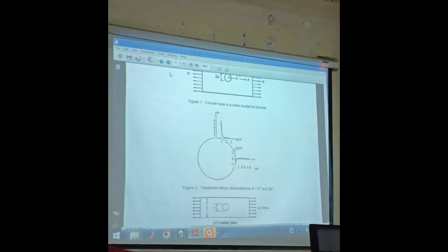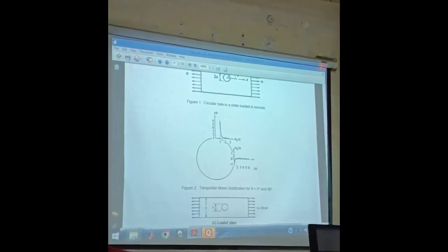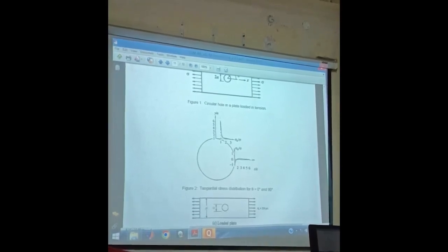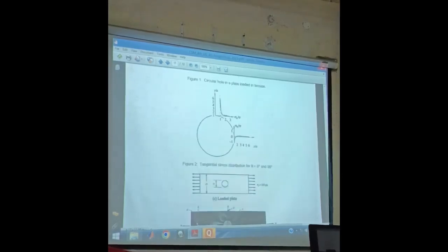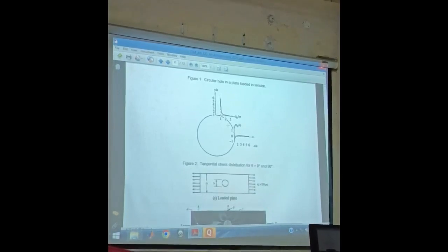So in the same figure, what I told initially, it was minus 1 here and it is 3, then it will vary like this. So minus 1 is here, then it will vary like this, then it is plus 3 here, it will vary like this. We will prove that. For example, we have two cases, theta equal to 0 and theta equal to 90, this point and this point.